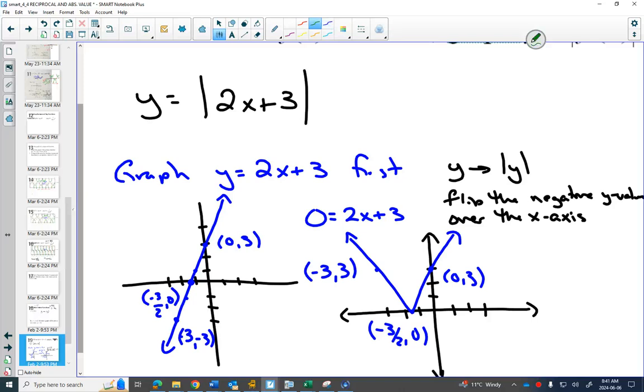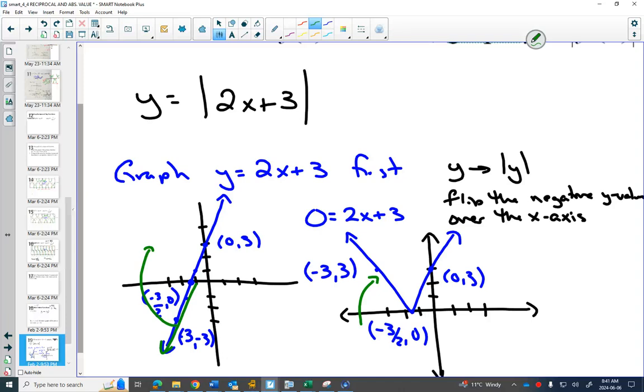Can you see how this section here is getting flipped up to become that section there? And that is the only rule for absolute value graphs.